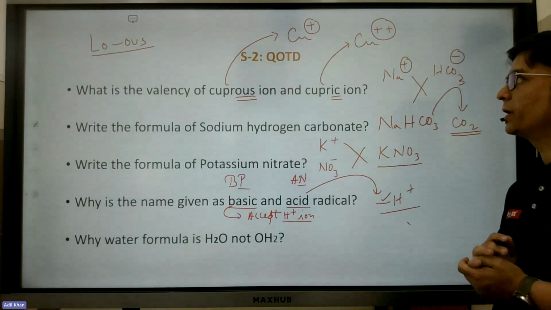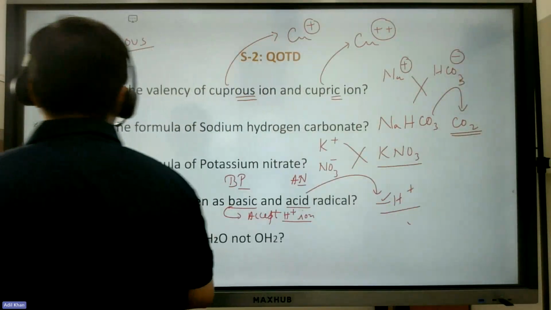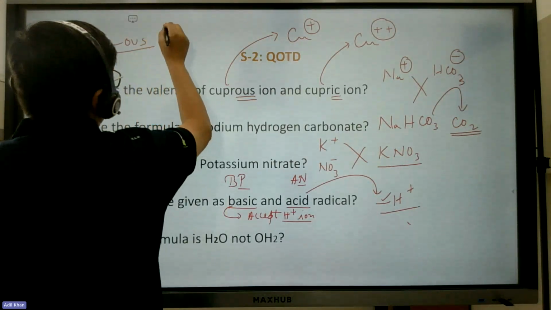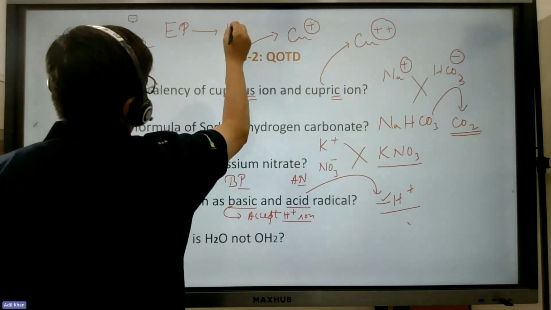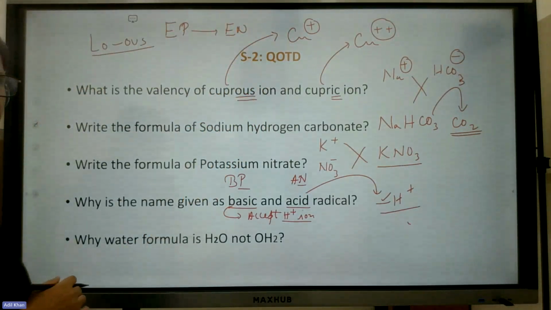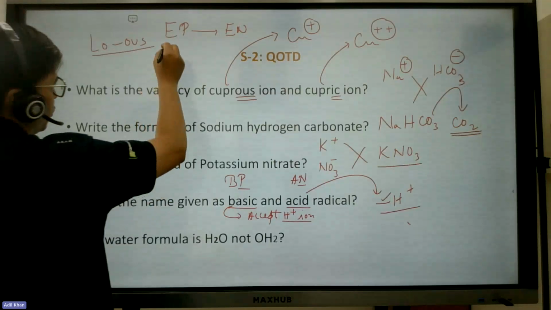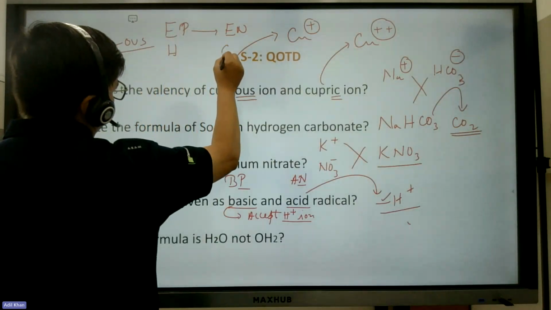The last question from the previous session: why is the water formula H2O, not OH2? The reason is that we always write the electropositive element first, followed by the electronegative element, whenever we write any formula. Hydrogen is electropositive and oxygen is electronegative.